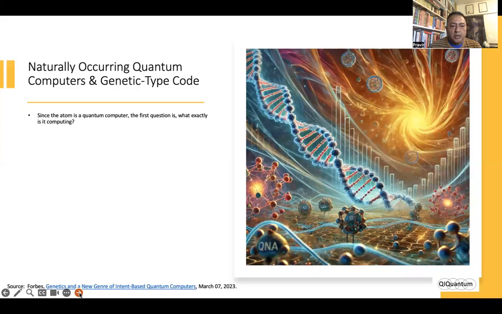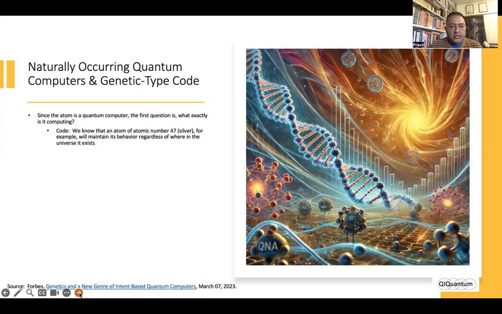And I want to suggest that what it's computing can be thought of as genetic type code. So if we take the example of an atom with the atomic number of 47, silver, we know that it'll maintain its behavior regardless of where it exists. So we can expect these atoms to have behaviors like ductility, malleability, superconductivity, non-corrosiveness, and so on.